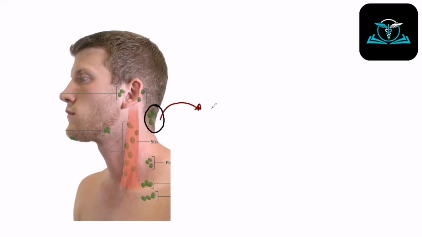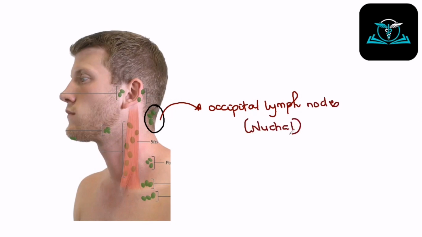This is called the occipital lymph nodes. The nomenclature of the lymph nodes in the cervical region is based on their anatomical location. So this is located somewhere around the occiput and is sometimes called the nuchal lymph node because it's located close to the nape of the neck.